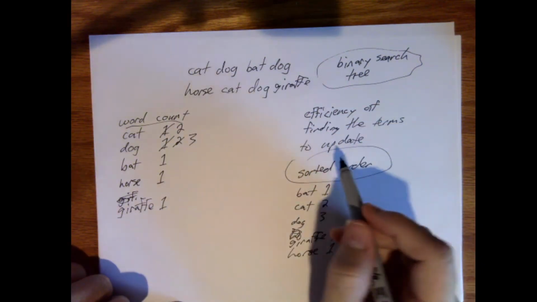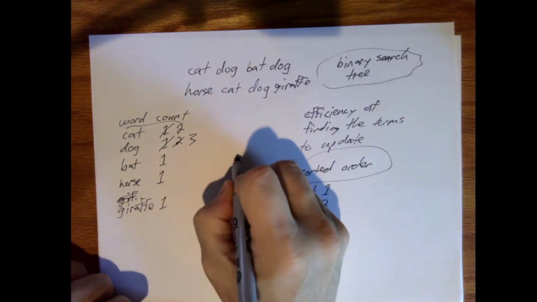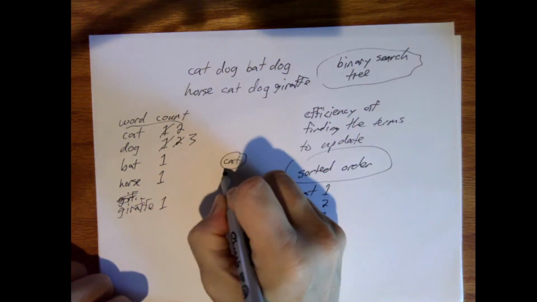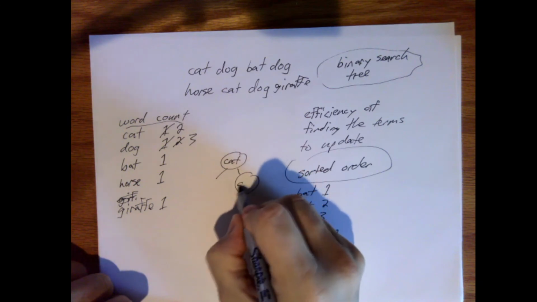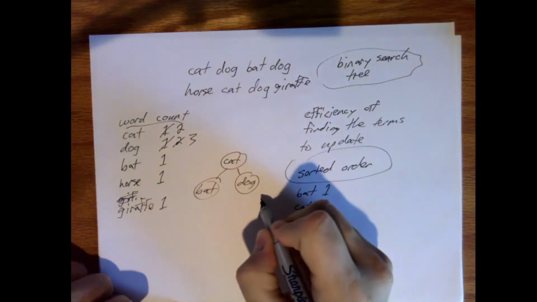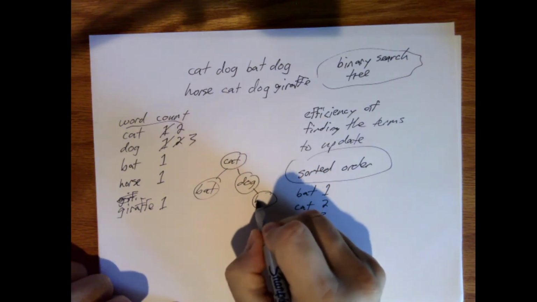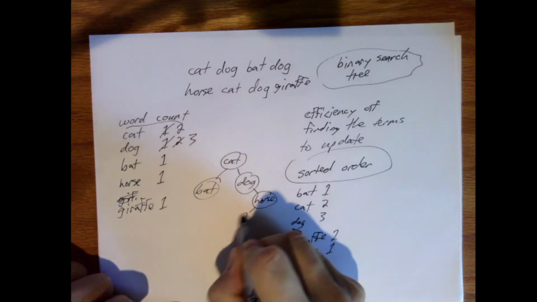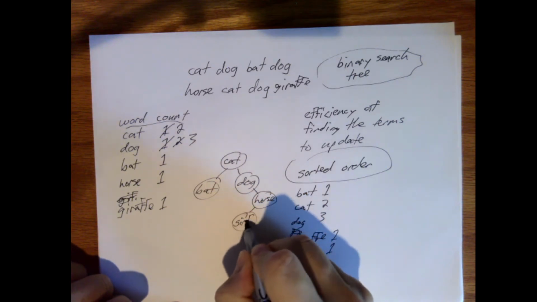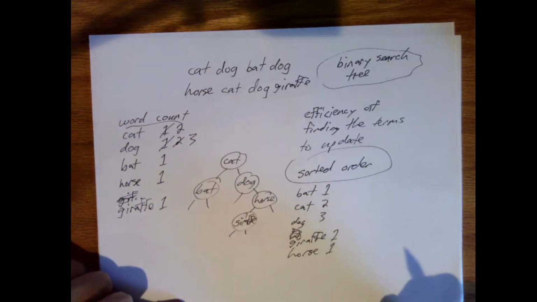Now, for my implementation, I'm not going to deal with the balance case, but if I were constructing this, I'd have something that looks like this. So we have cat, then I see dog, then we get bat, then, in this case, actually I see horse first, then giraffe, something that looks like that.